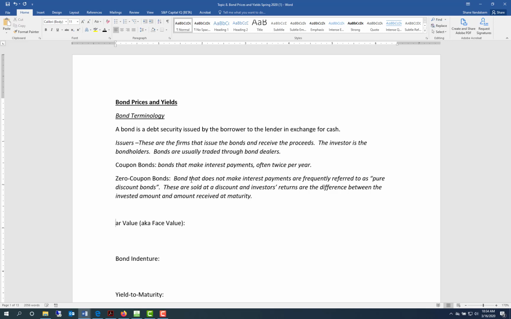These tend to be shorter term than coupon bonds. We'll talk a little bit more about that later when we talk about government bonds.